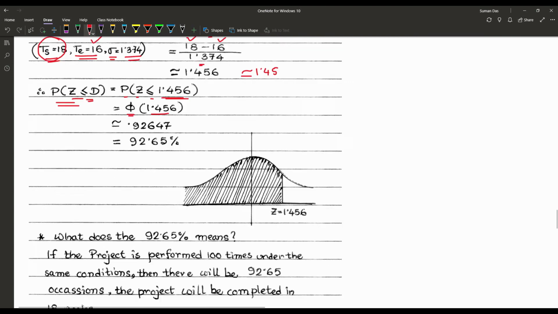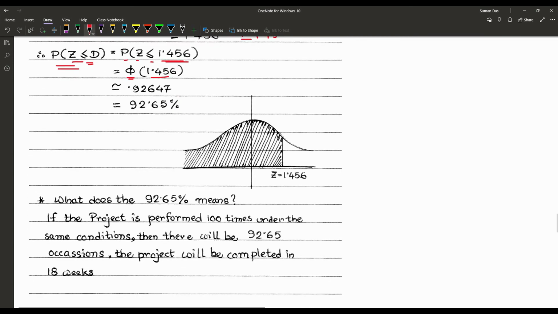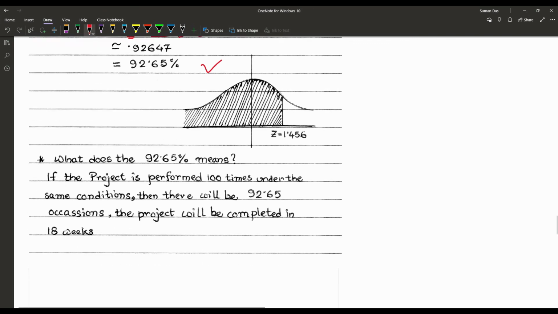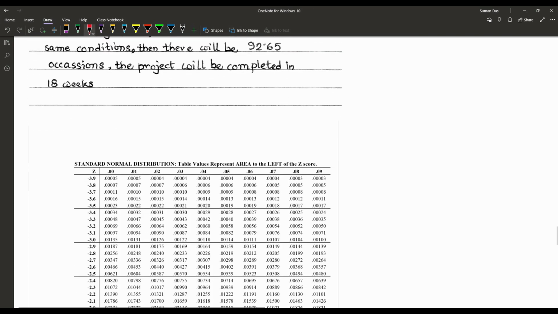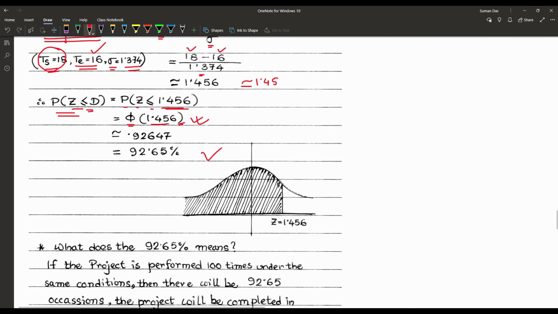Now we should use the standard normal table to find the value of phi 1.45. The standard normal table is also provided in the description box of this video.